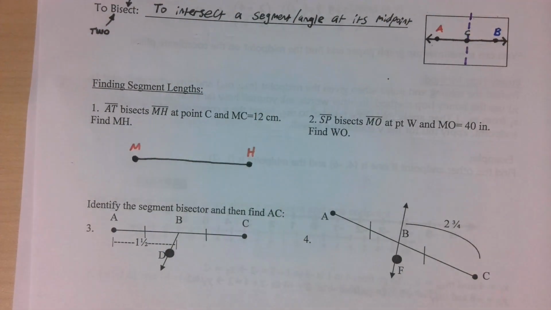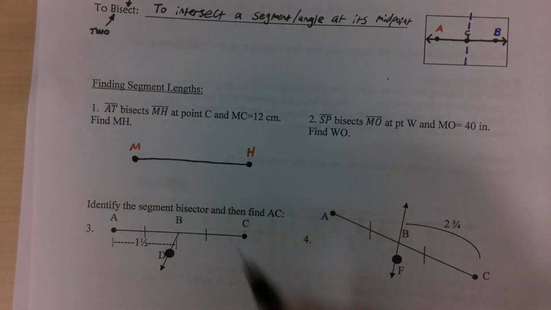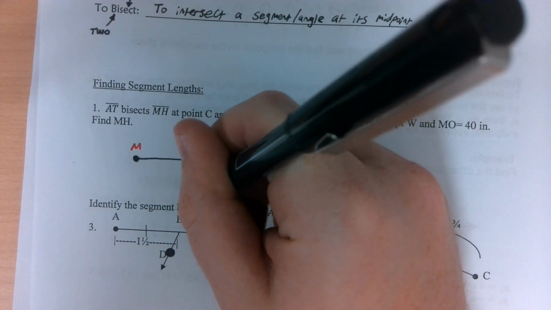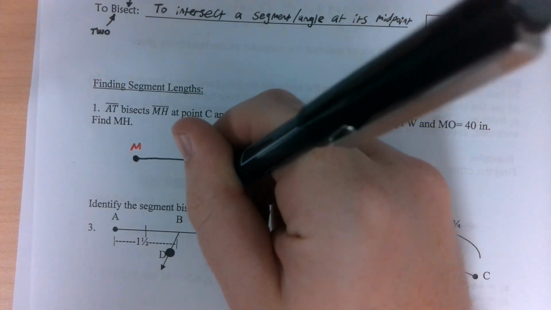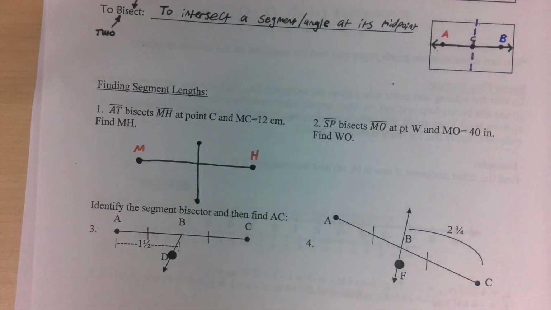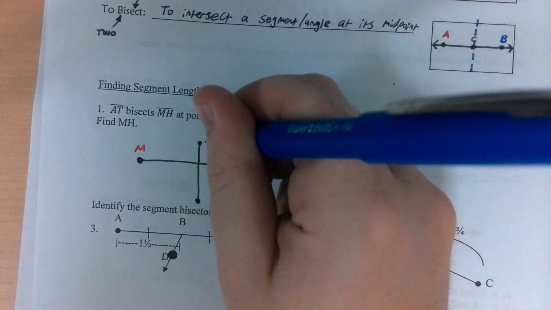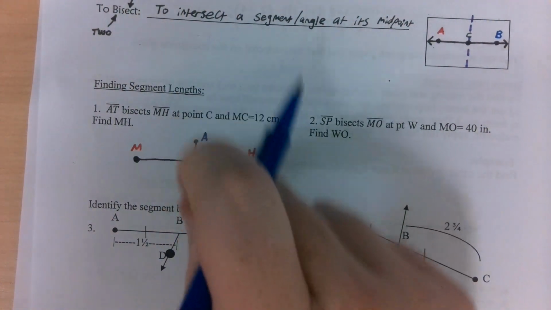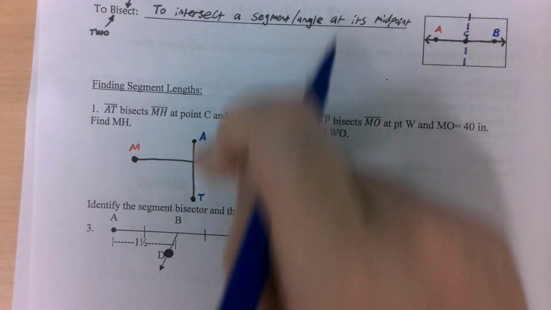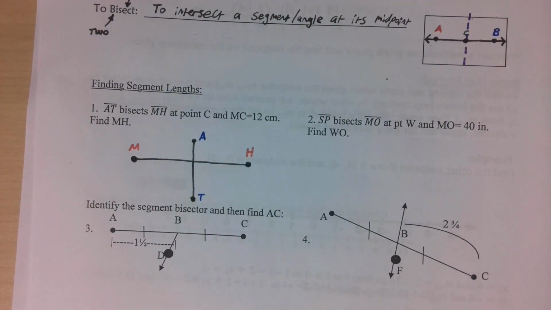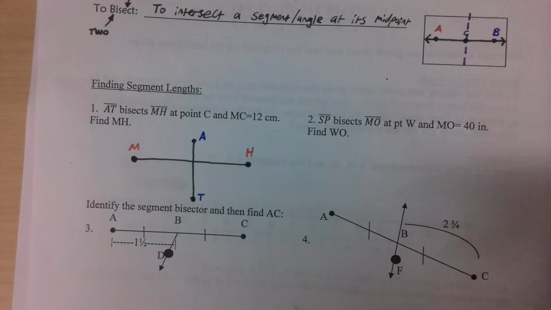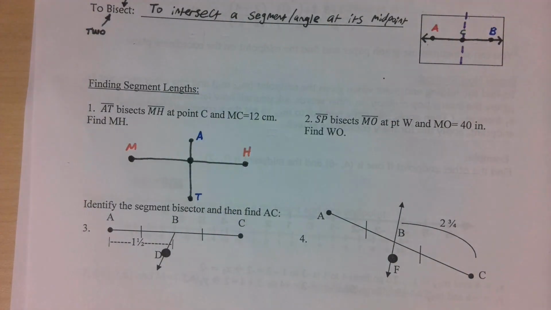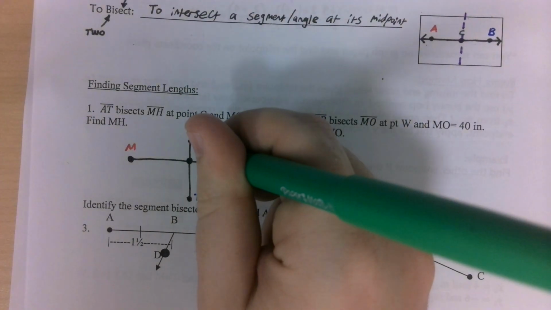Well, AT just needs to bisect that, or cut it in half. So why don't I draw AT like this? Maybe AT has a short end up here and a long end down here. Or it could be that these two lengths are equal. Or it could be that one is diagonal. It doesn't really matter. What does matter is this point right here. What do we call point C where they cross?